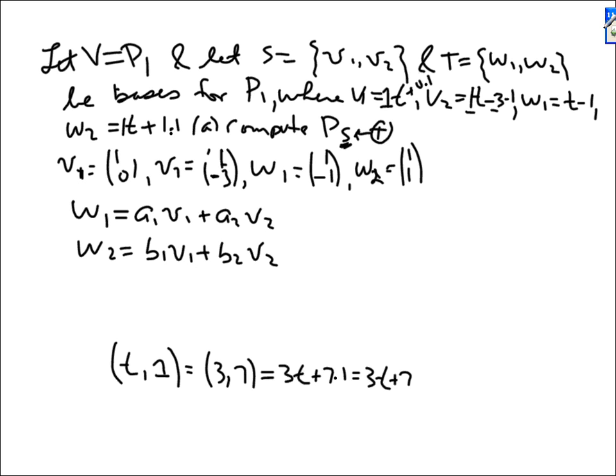Now, just the first equation tells me to write vector v1 as a column. v1 is 1, 0. And then vector v2 is the next column, and it's supposed to equal w1.